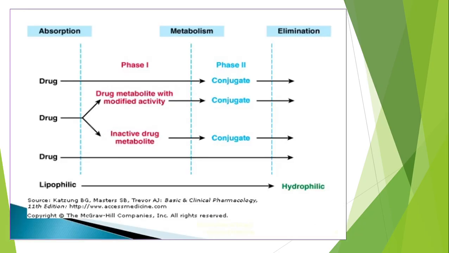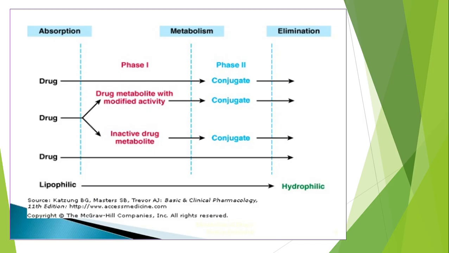This picture shows how drugs are absorbed, metabolized, and eliminated from the body. Lipophilic drugs are more readily absorbed, and they have to be converted into hydrophilic forms for elimination, and that's why there are phase 1 and phase 2 biotransformation.